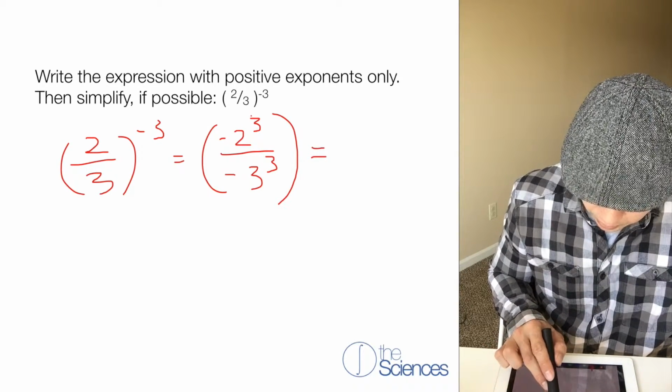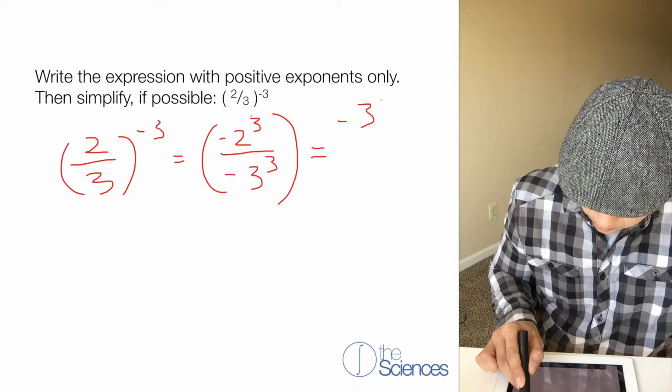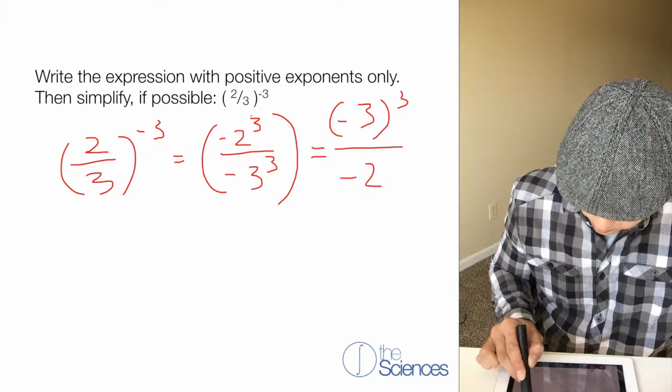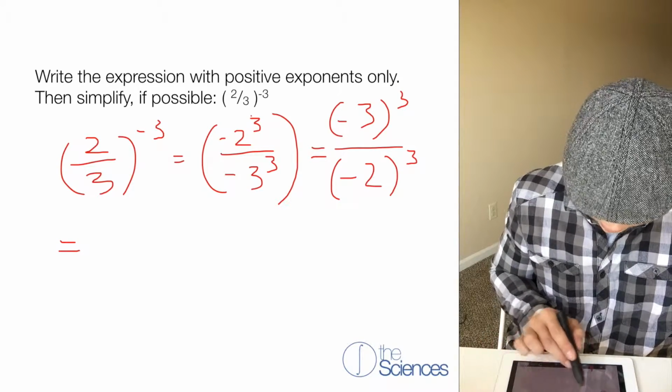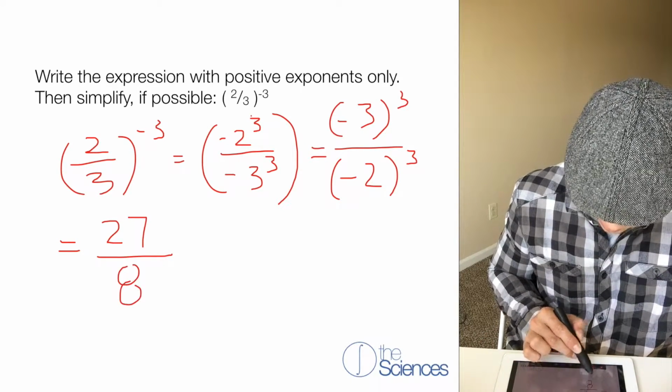So now here we can rewrite that as negative 3 cubed over negative 2 cubed, which gives us 27 over 8.